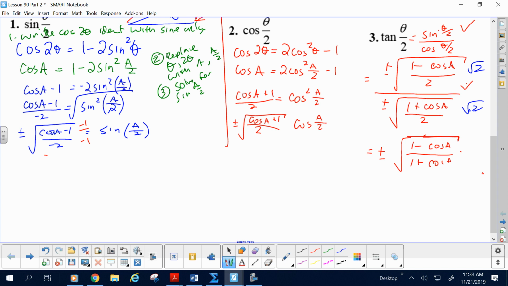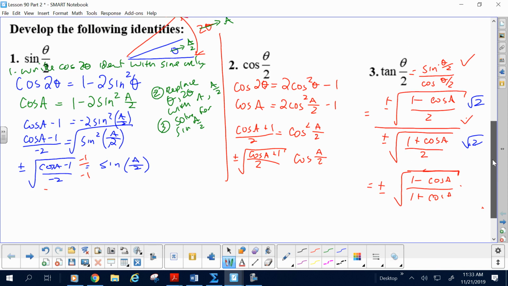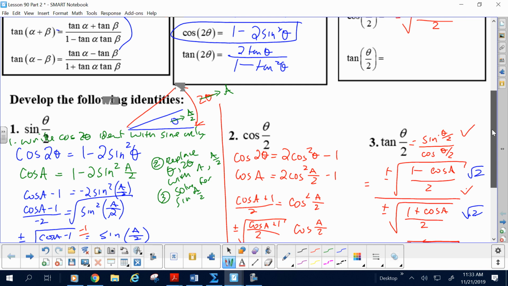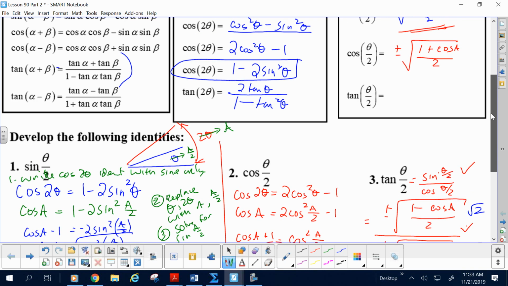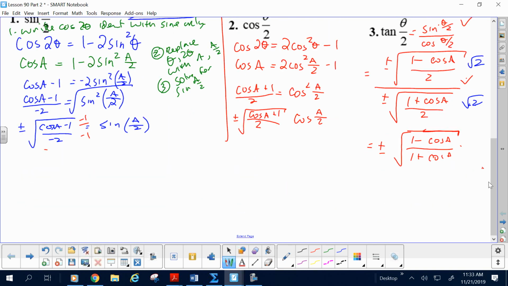Now, before we move on, we're all together? Yes, sir. All right, so now we're trying to make this a tangent identity that actually has tangents in it.